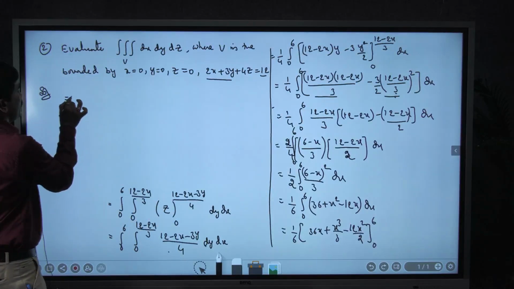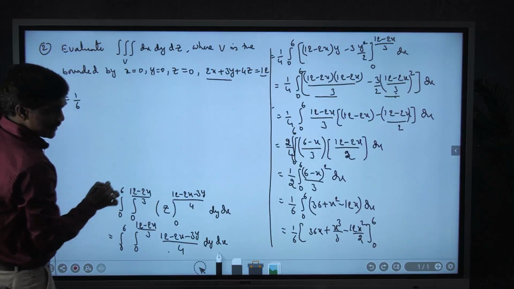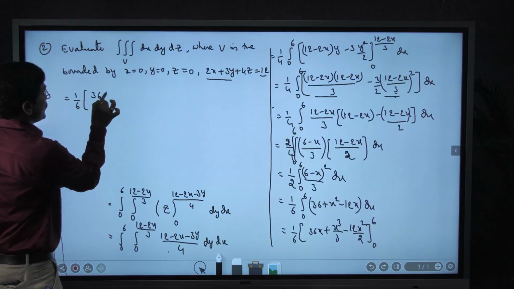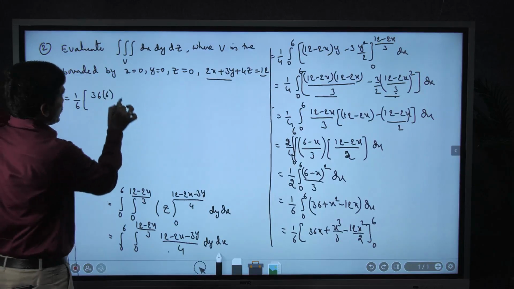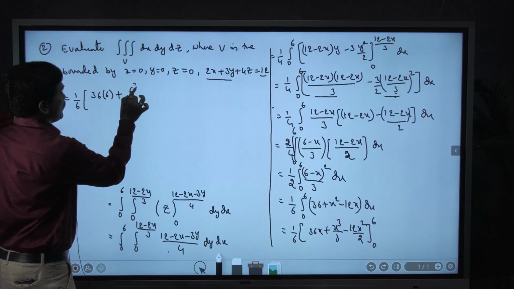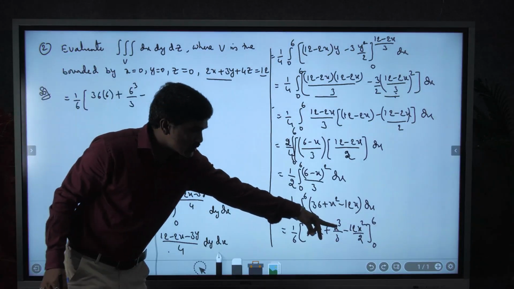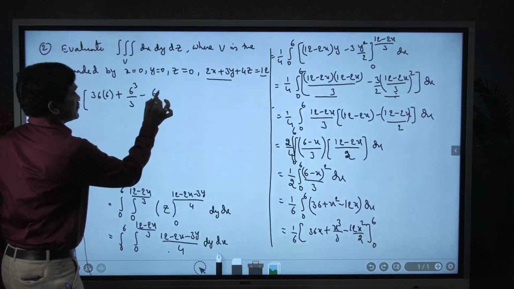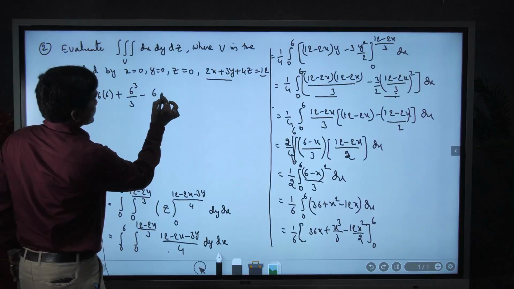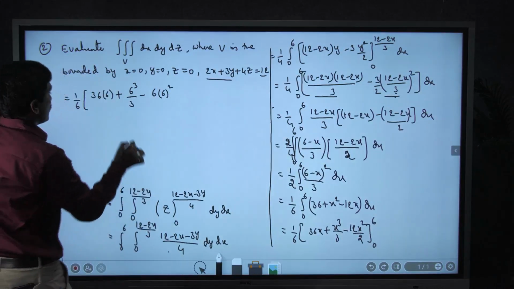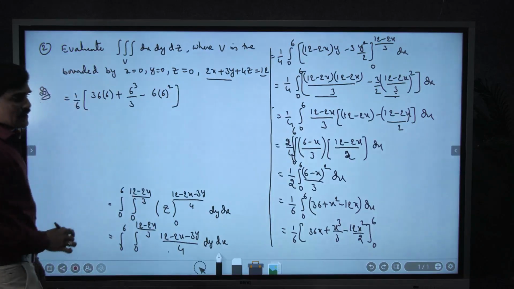So finally here 1 by 6 is constant. Now 36 into 6 plus 6 cube by 3 minus here 12 by 2 into 6 square. So that is the upper limit; minus the lower limit, which is clearly 0.